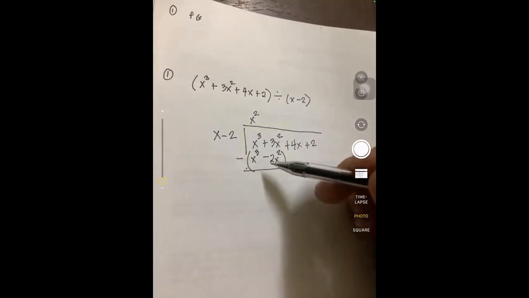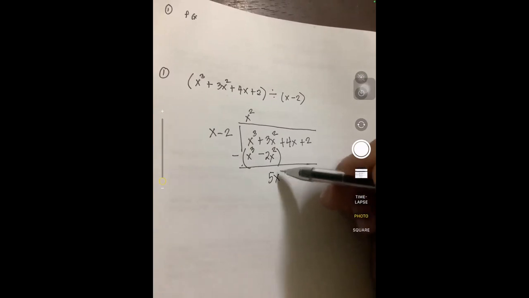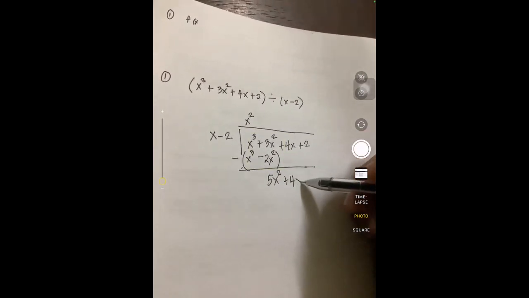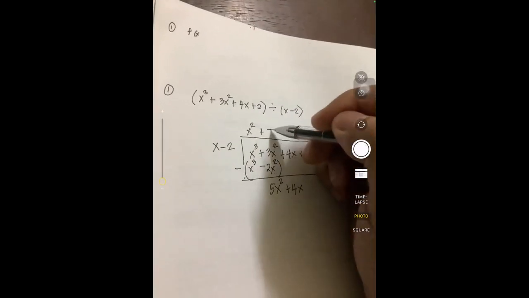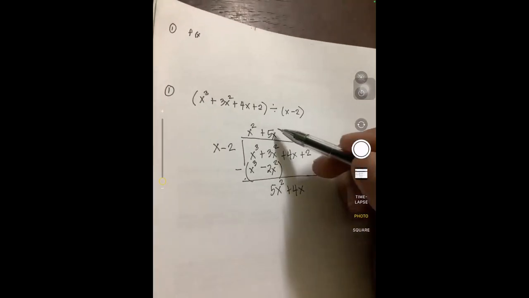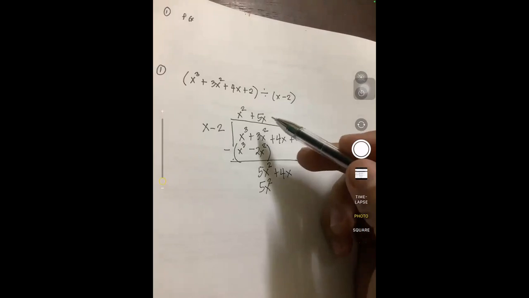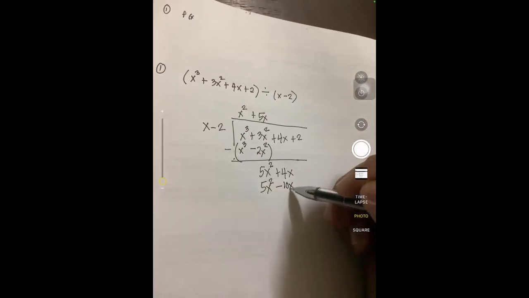Then 3 minus negative 2 becomes positive 5x squared. Then we bring down 4x. 5x squared divided by x results to 5x. 5x times x is 5x squared. 5x times negative 2 becomes negative 10x.